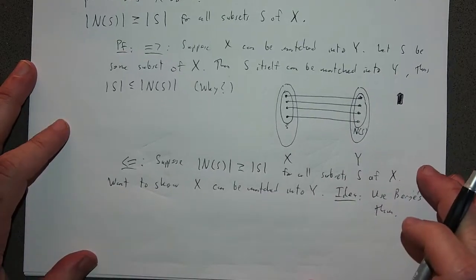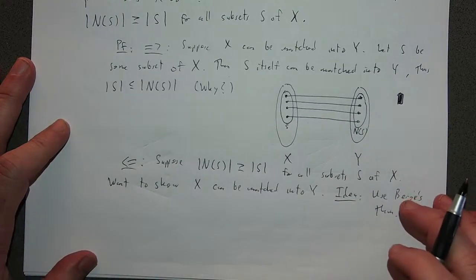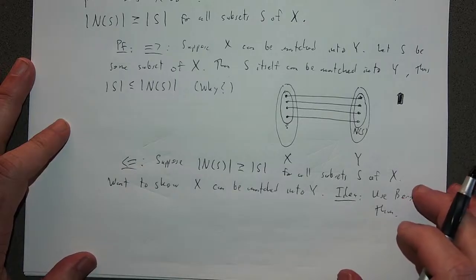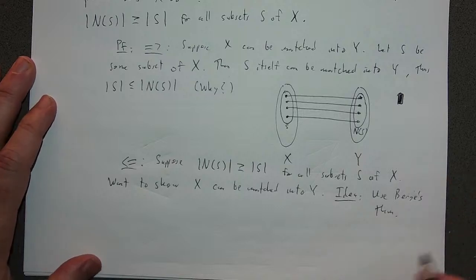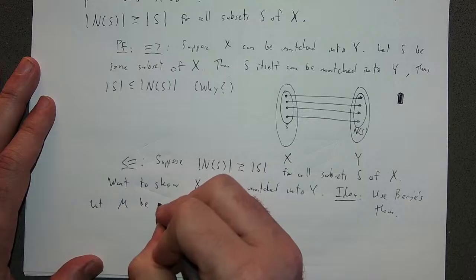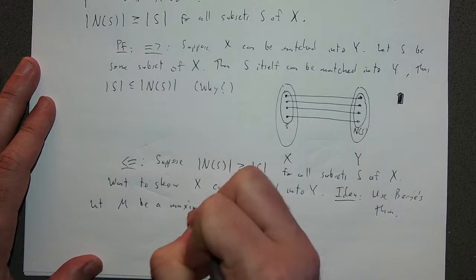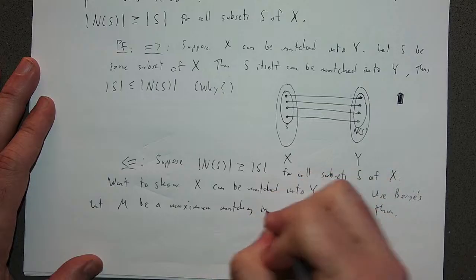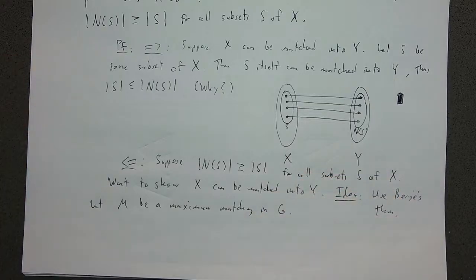In order to do that, let's suppose that a matching exists and is a maximum matching. So let M be a maximum matching in G. I'm not saying that this M is a matching of X into Y. That would be begging the question, circular reasoning here.